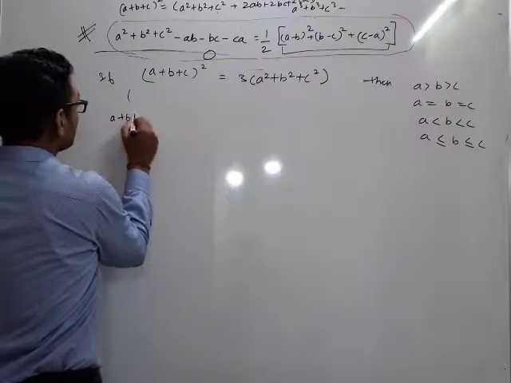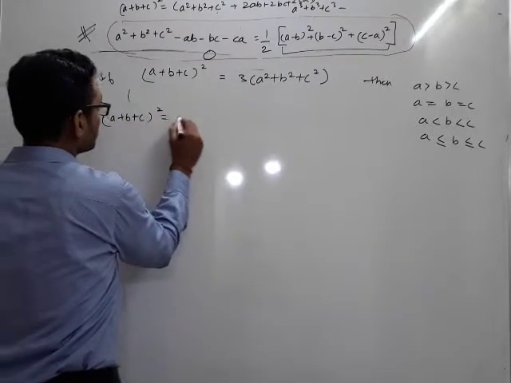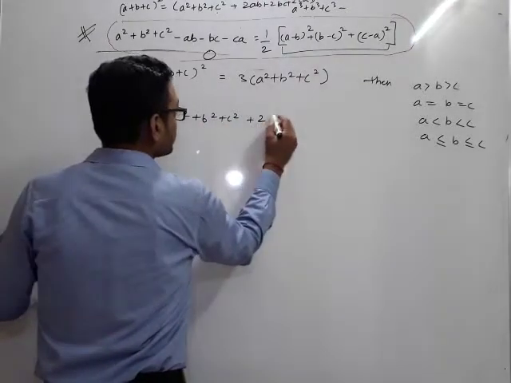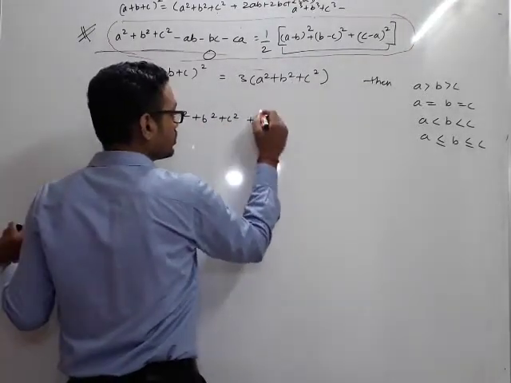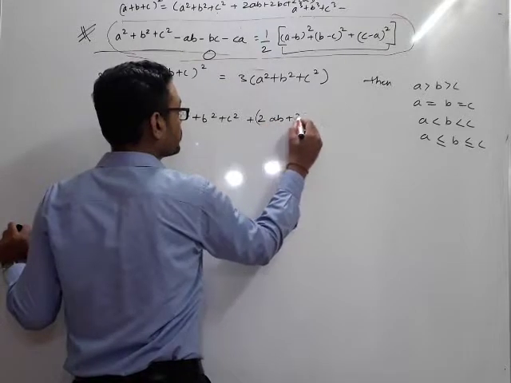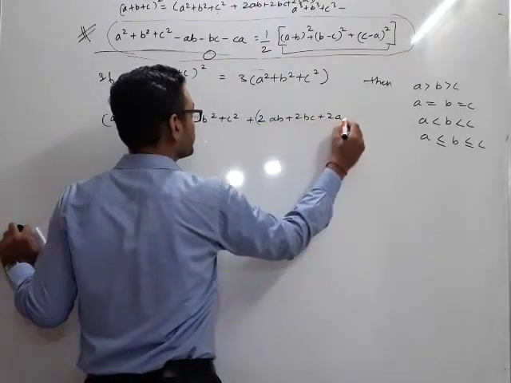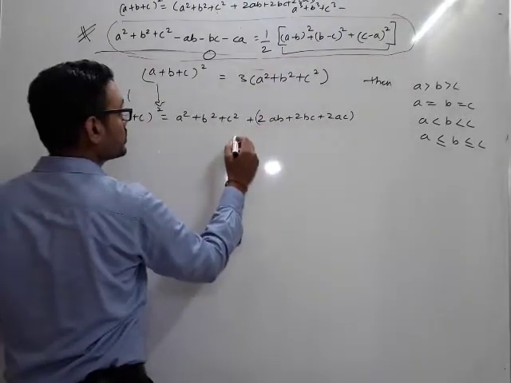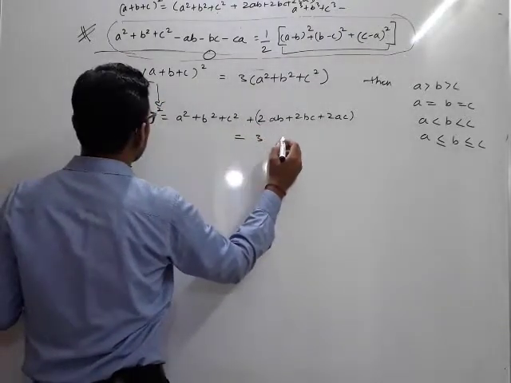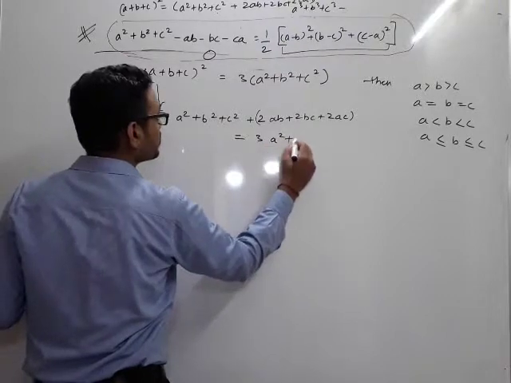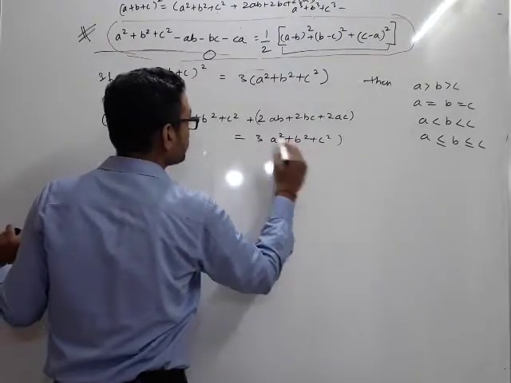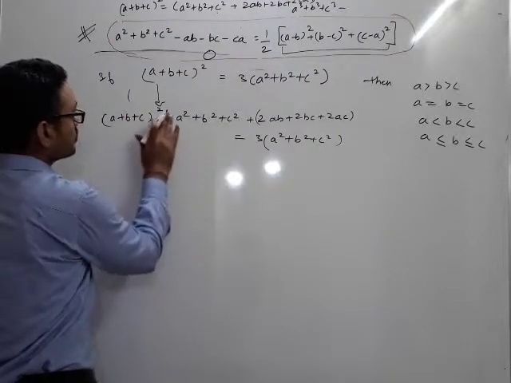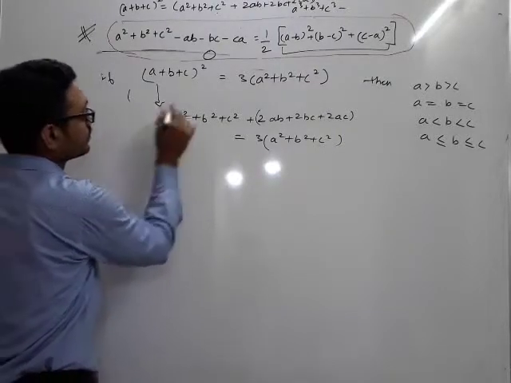A plus B plus C the whole square is A square plus B square plus C square plus 2AB plus 2BC plus 2AC. This is equal to thrice of A square plus B square plus C square. Alright. So this is what I have written.